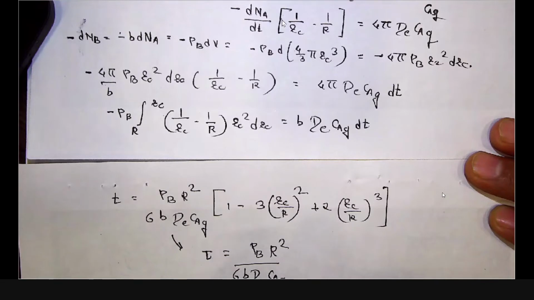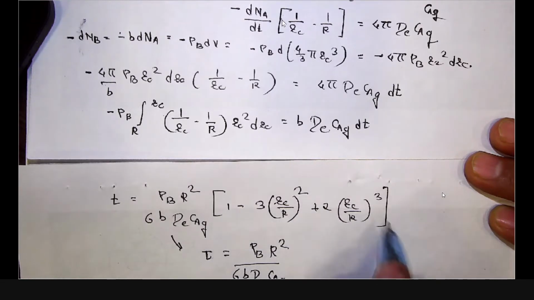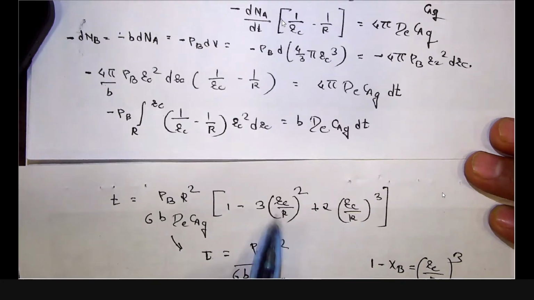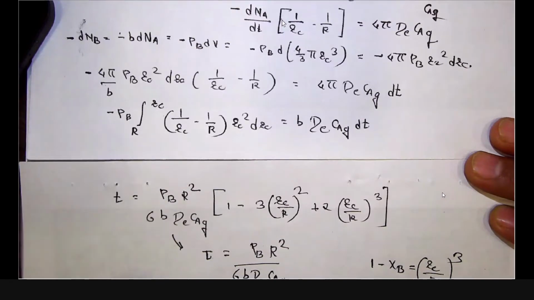Is it? So again 1 minus XB is equal to what? (RC upon R) whole cube. So we can substitute here RC upon R in terms of 1 minus XB. So this becomes t upon tau.